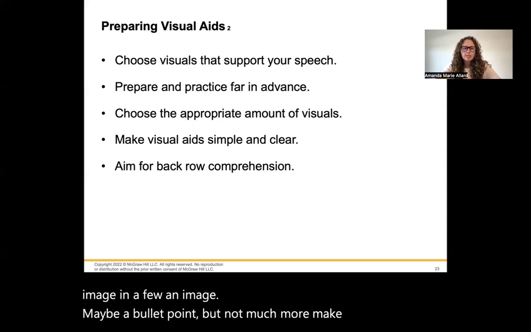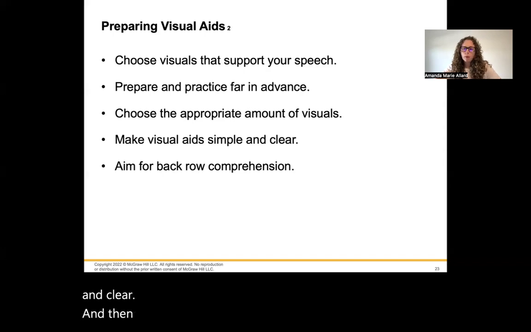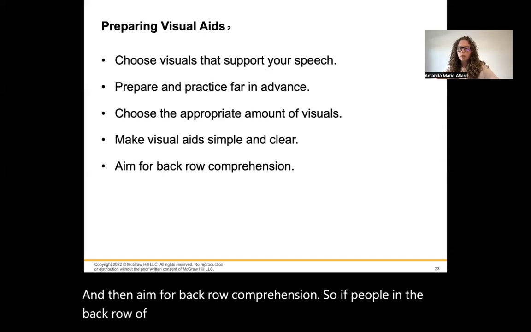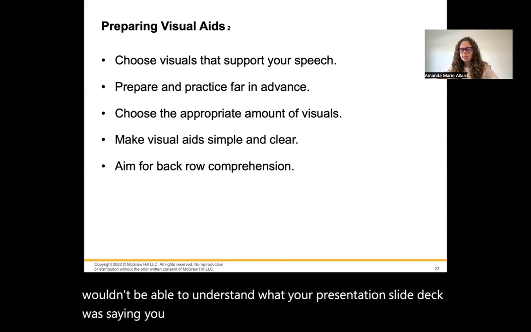Make visual aids simple and clear, and then aim for back row comprehension. If people in the back row of the auditorium or wherever you are presenting wouldn't be able to understand what your presentation slide deck was saying, you probably should adjust that slide deck.